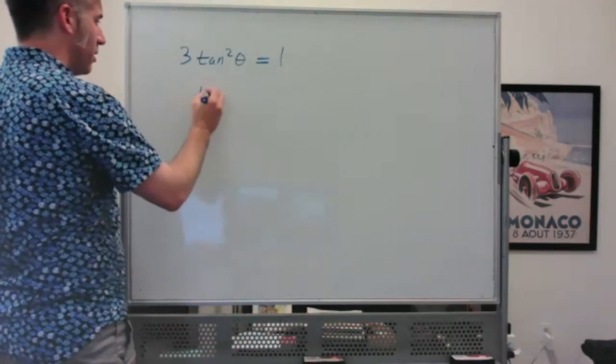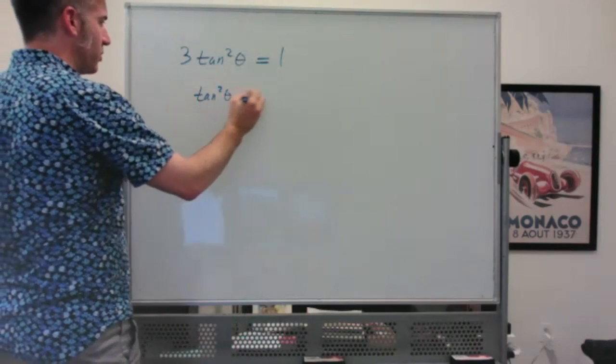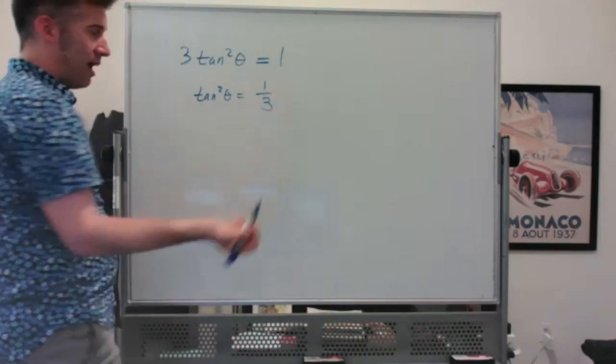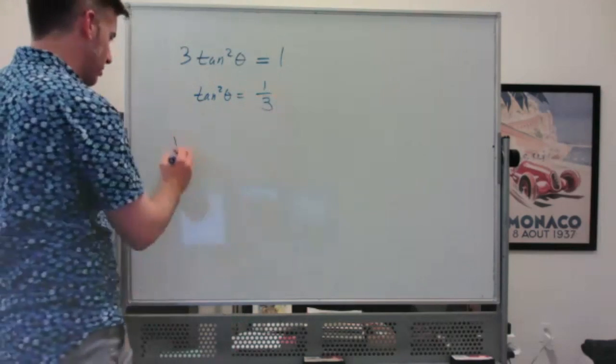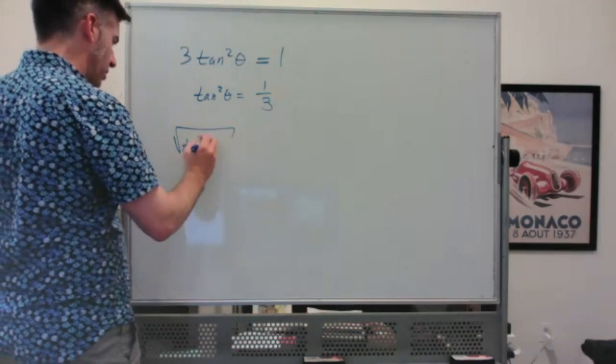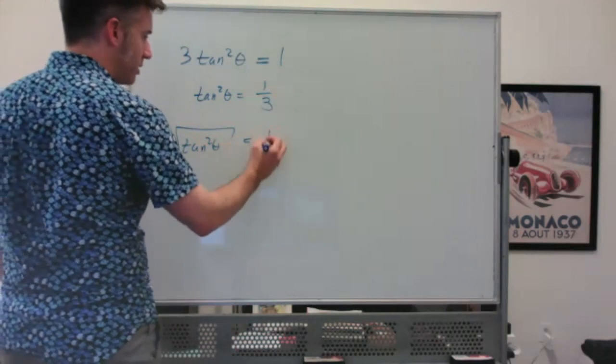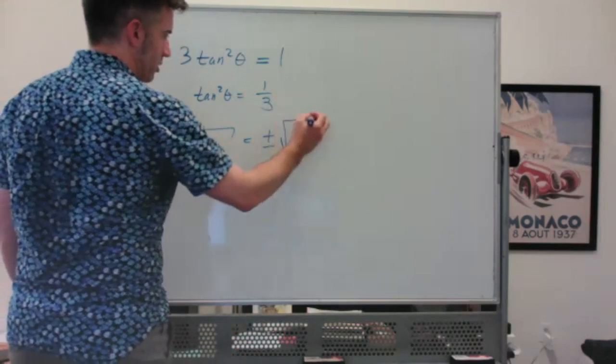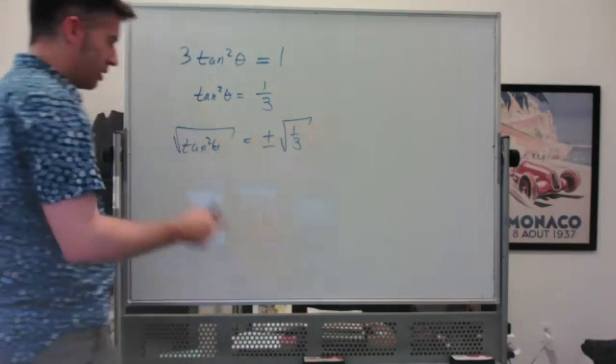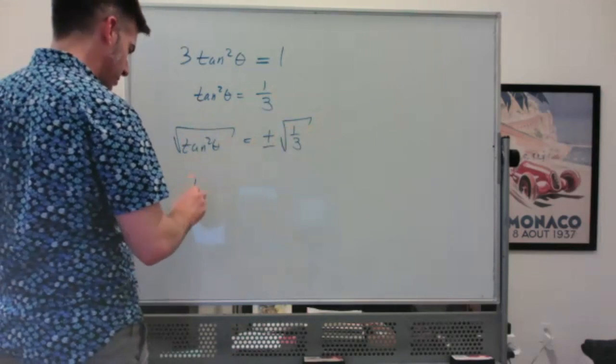So I've got tangent squared theta equal to 1/3, and then I'm going to take the square root of both sides. Square root of tangent squared theta is going to be plus or minus the square root. Square root of tangent squared is just tangent.